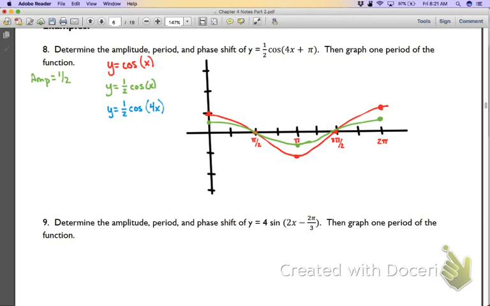How did the period change? What do we have to do to find the period from yesterday? You remember? What did we do with the 4? 2 pi divided by 4. So our period went from being 2 pi in length all the way down to 1/2 pi in length, or pi over 2.